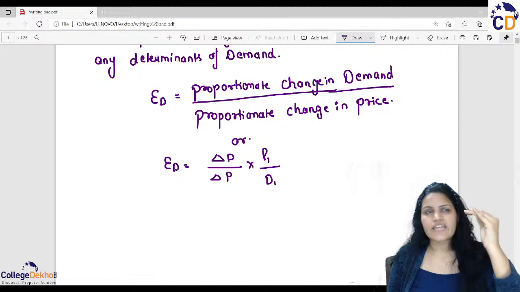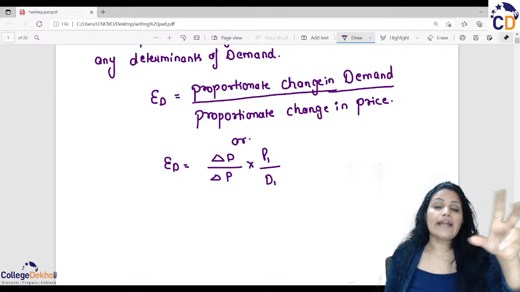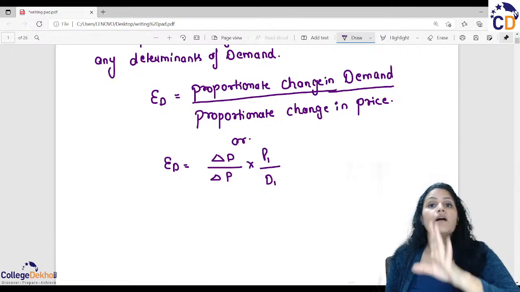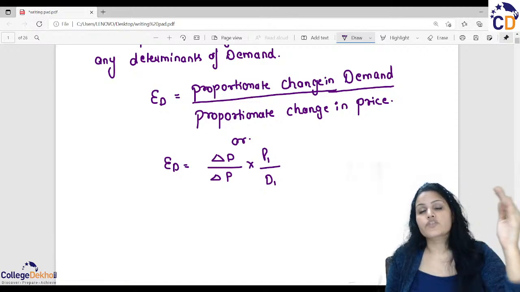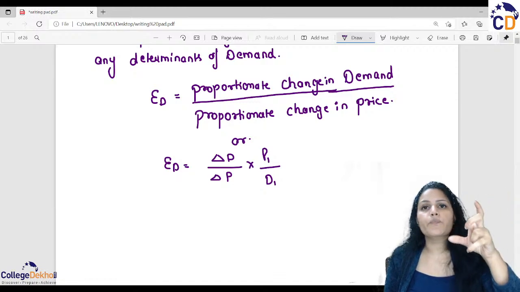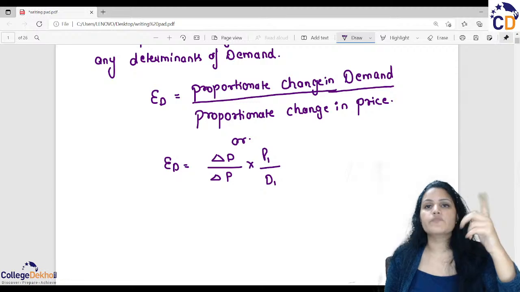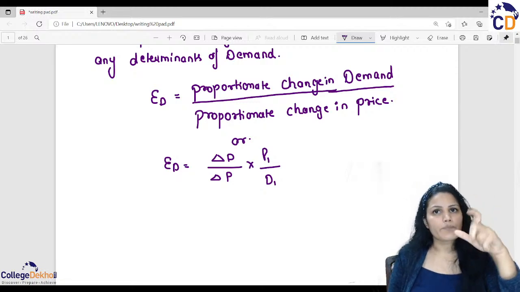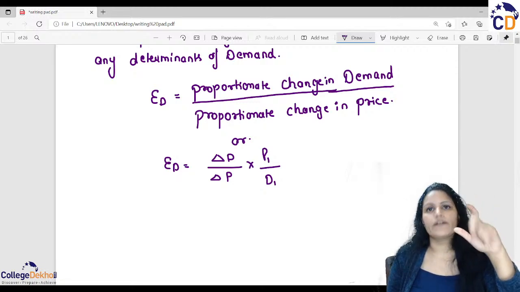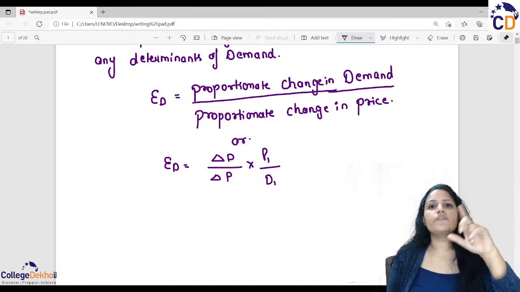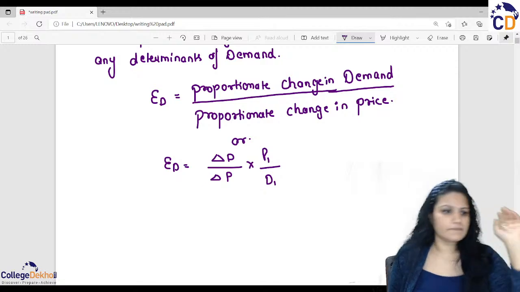Let's suppose there is a 10% change in price and a 20% change in demand. What would be the percentage change in the response of demand? How much change in price gives how much change in demand? That proportion should be understood. That's why we are going to learn the elasticity of demand.